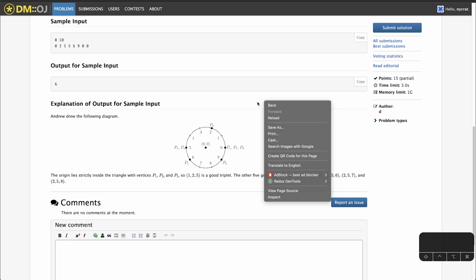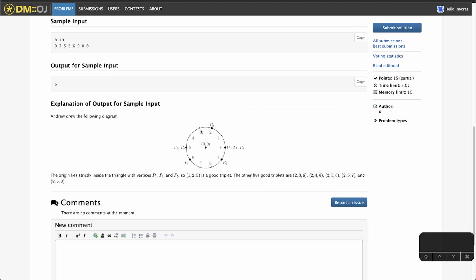So let's think about it. You have 2 points, 1 and 2. So let's say the points A, B, C. The difference between A and B, let's say 0 and 4, has to be less than half the circumference of the circle.